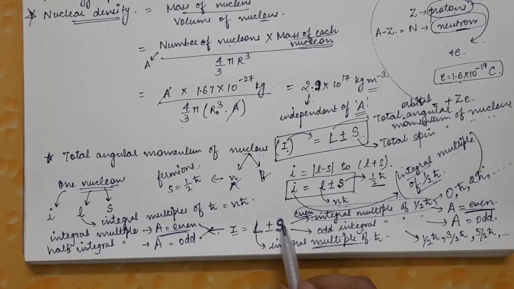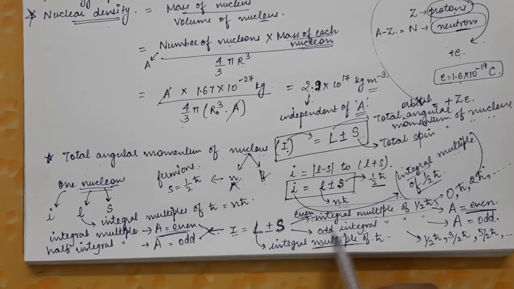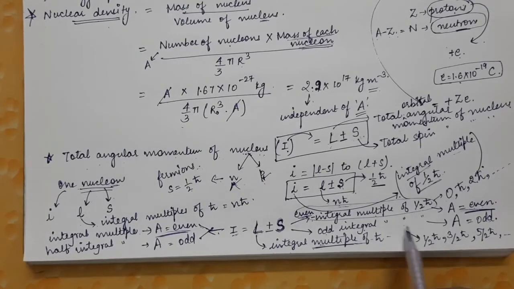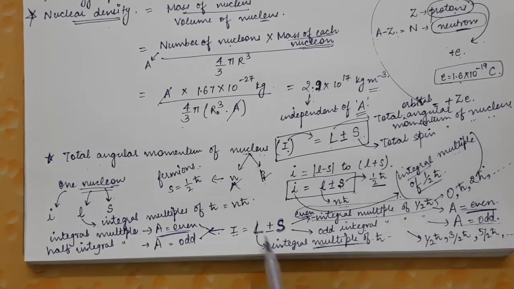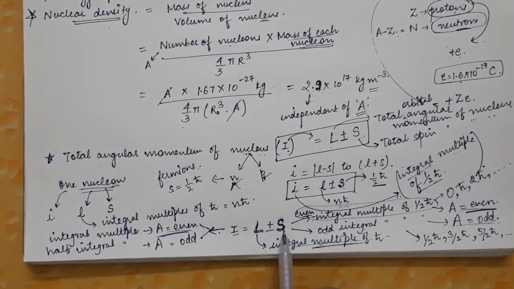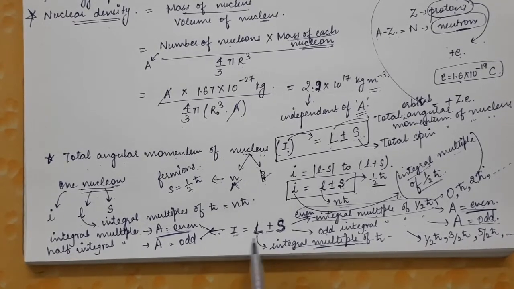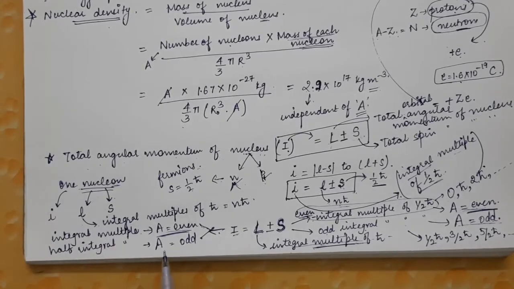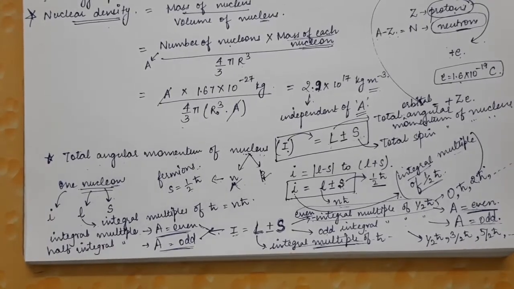Similarly, capital S has odd integral multiples of half h cut when capital A is odd, and capital L will be just an integral multiple, so their sum and their subtraction will be half integral only in the case when capital A, that is the number of nucleons present inside the nucleus, is odd.